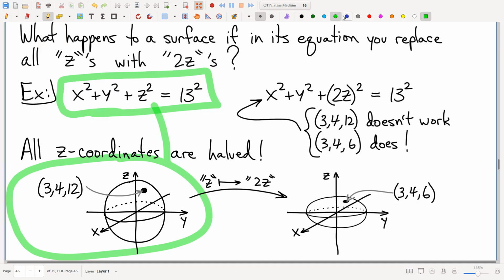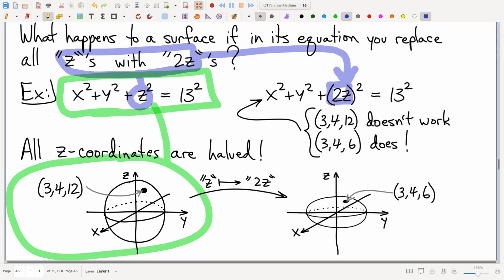Question: if I were to take this equation, and everywhere I see a z, I were to replace, just copy paste, right? Just erase where it says z, and wherever z was, replace that with 2z. What happened?